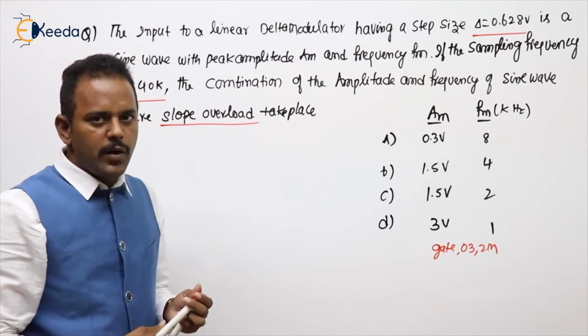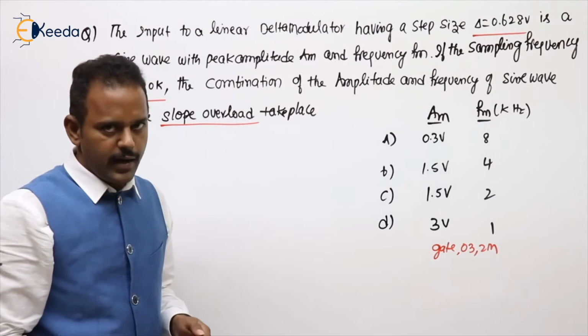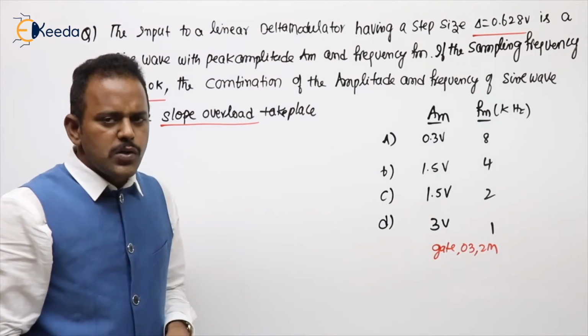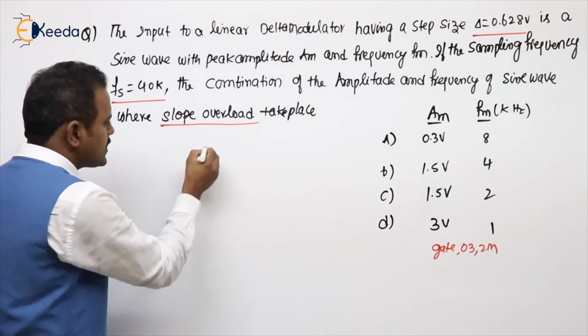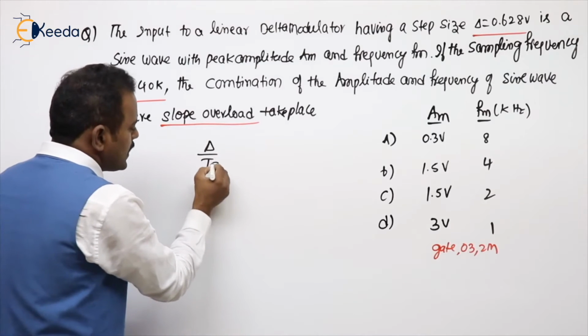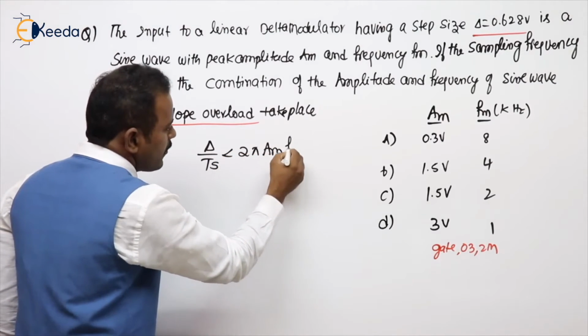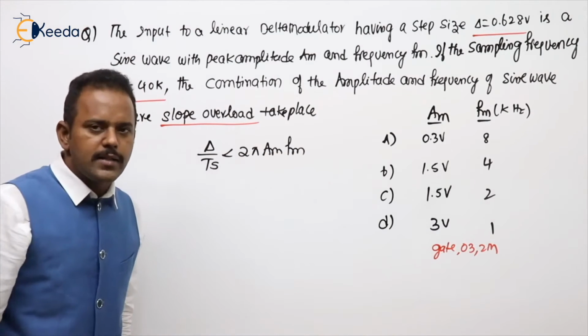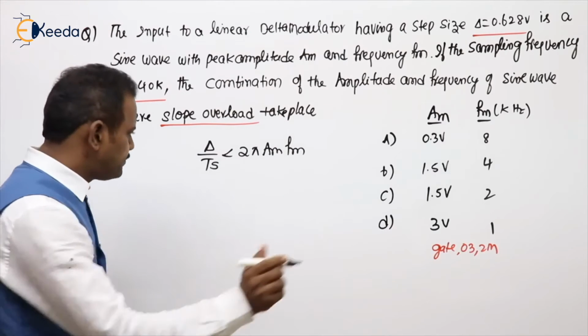In delta modulation we have two errors, slope overload as well as granular error or idling error. So what is the condition for slope overload error for sinusoidal signals? That is delta by Ts is less than 2 pi AM FM. For granular errors, delta by Ts is greater than 2 pi AM FM.